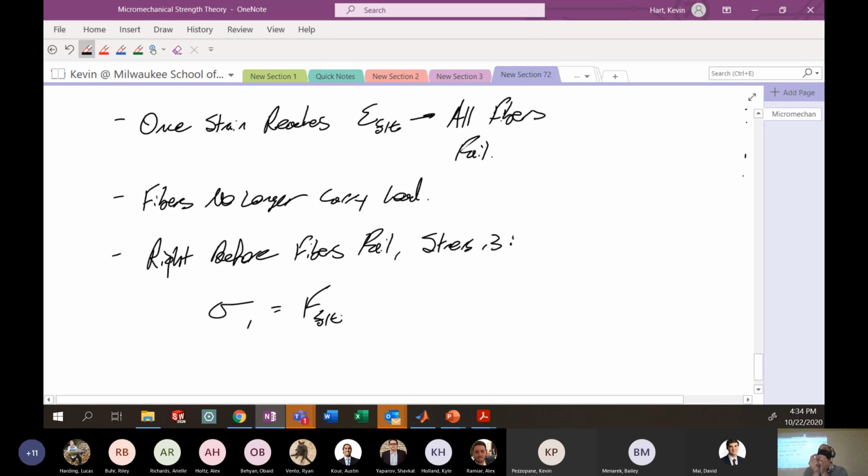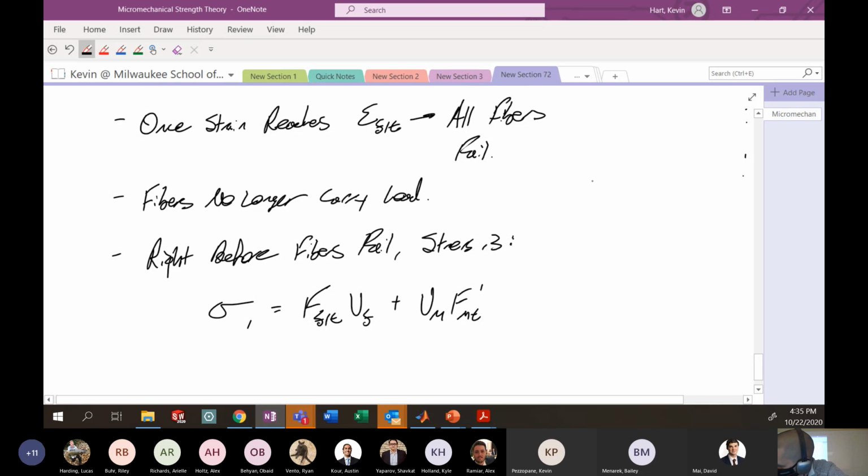So the fibers are holding just about the amount of stress that they would take before they fail, multiplied by the volume fraction of the fibers, plus the volume fraction of the matrix, multiplied by some intermediate strength of the matrix we're going to call here FMT prime.